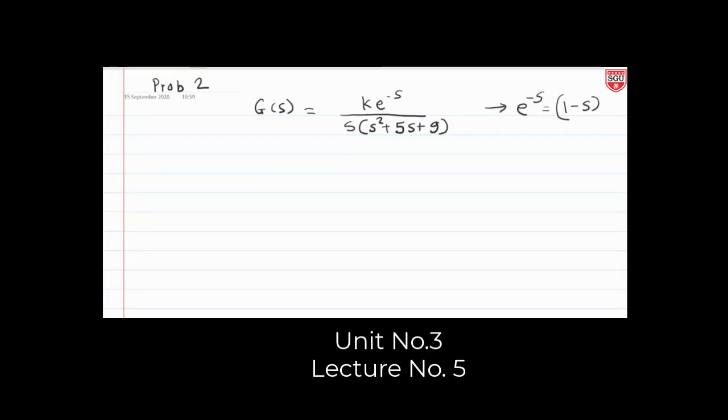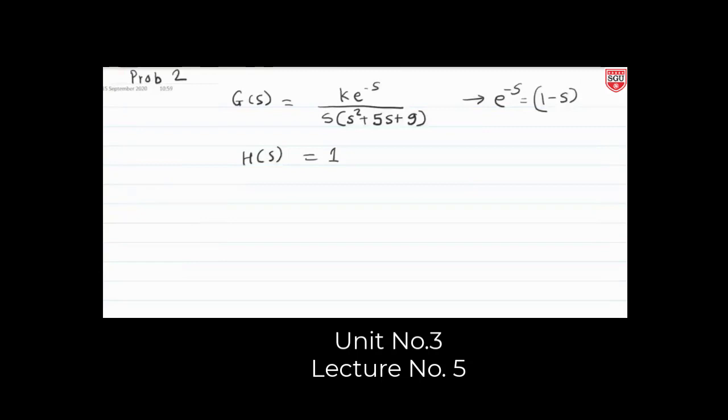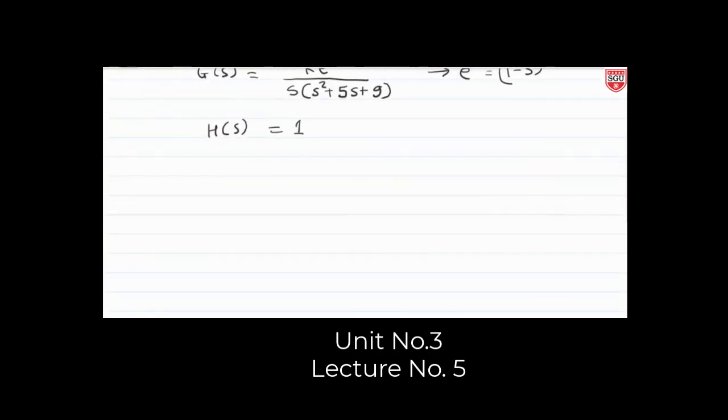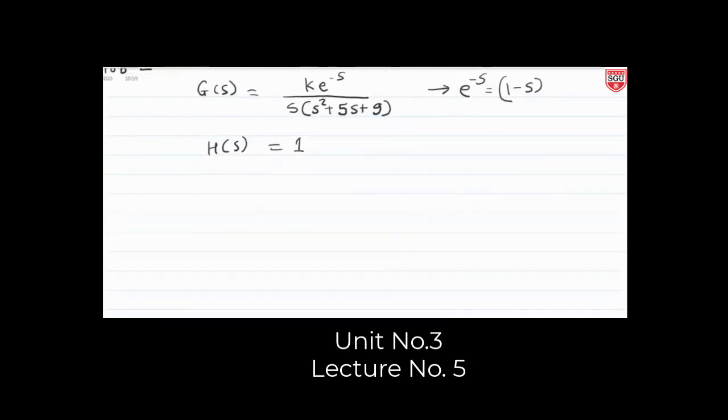What is given is an open loop transfer function. For an open loop transfer function, H of s is always equal to 1, and there is no feedback in that case, meaning the feedback value is 1.